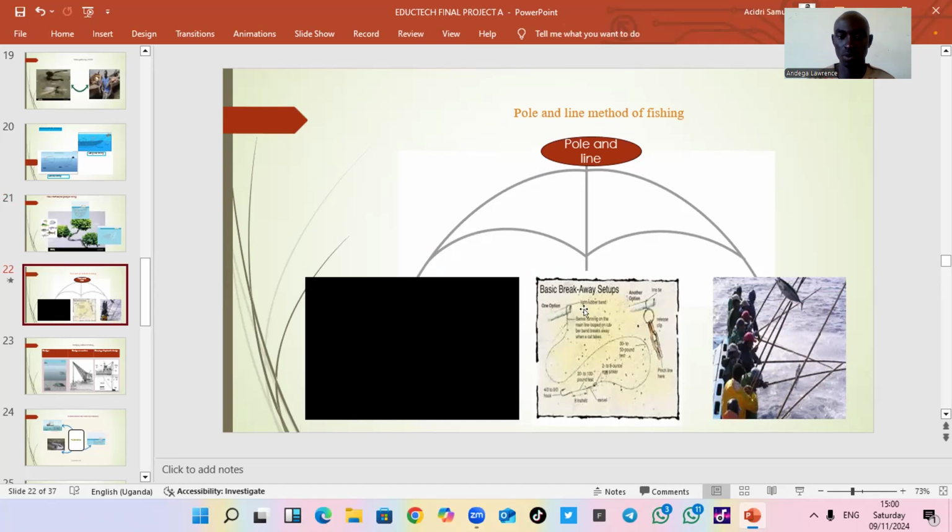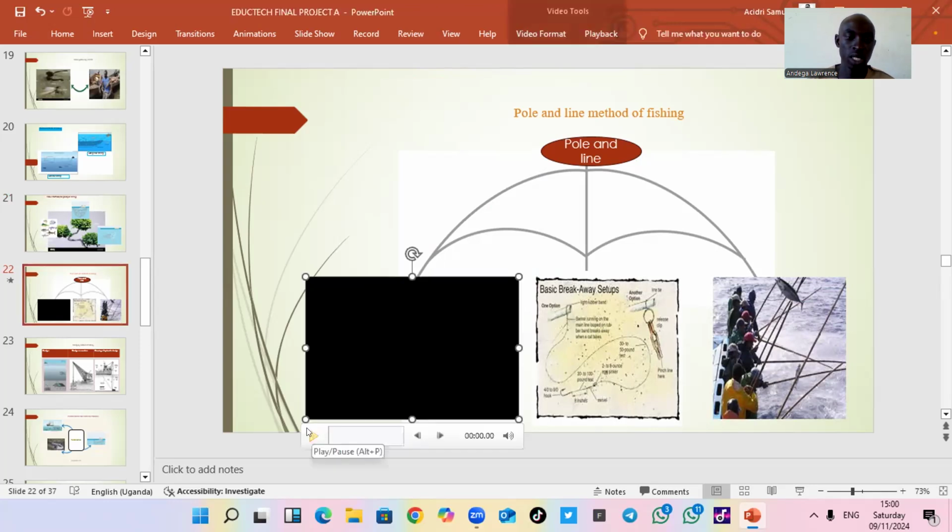I have these two pictures that showcase it. You can see in this picture, men have lined up and they are trying to catch fish. Like this one has successfully got one. And then this one is a clear drawing of it. So we can see it further by looking at this video.